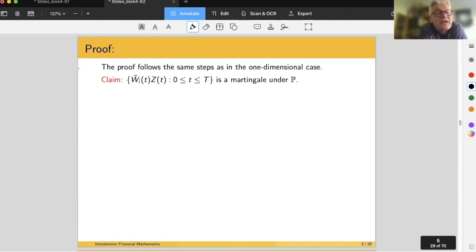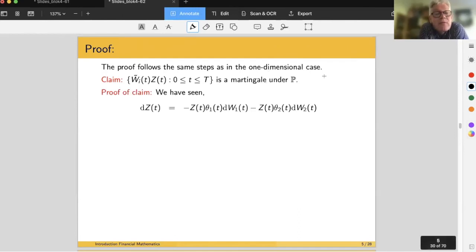We first claim that W tilde_i(t) times Z(t), where little t runs from 0 to capital T, is a martingale under P. That is the first step that we take. And how do we do that? Well, we see a product here, so we will show that by means of the Ito product rule, since we're dealing with Ito processes.